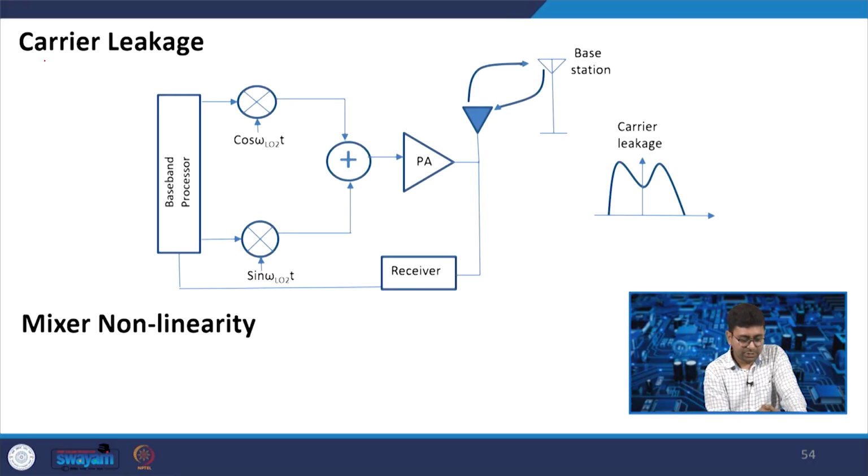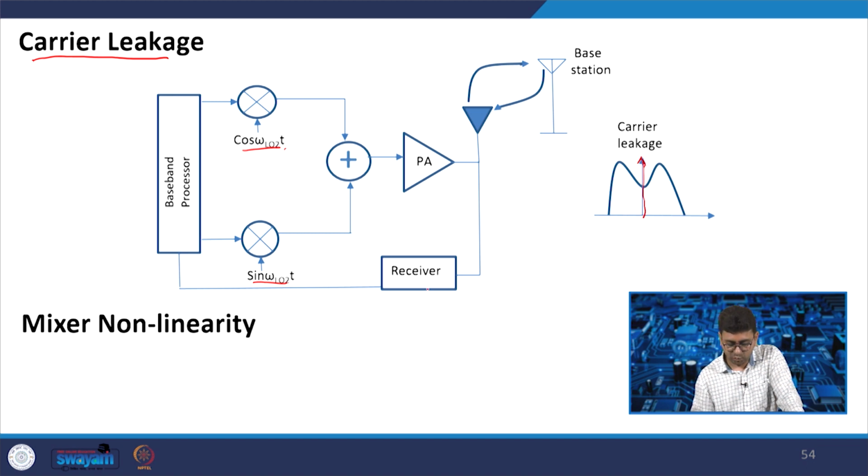There is another problem at the RF frequency, that is carrier leakage. We have also discussed the same in the direct conversion. Here, when you have cos omega LO2 t and sin omega LO2 t, some portion of the carrier will leak, because when we up convert the signal, some portion of the carrier goes through the power amplifier.